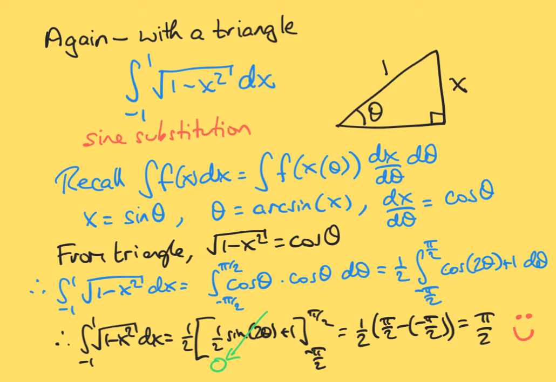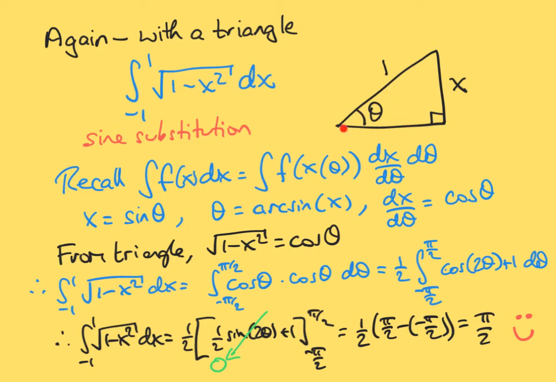We look at the integral, we see this square root factor, something positive minus x squared, and we think we're going to need a sine substitution. And this is the formula that we are going to be using just as before. So we're going to be saying x is sine theta. If x is sine theta, we draw a triangle.